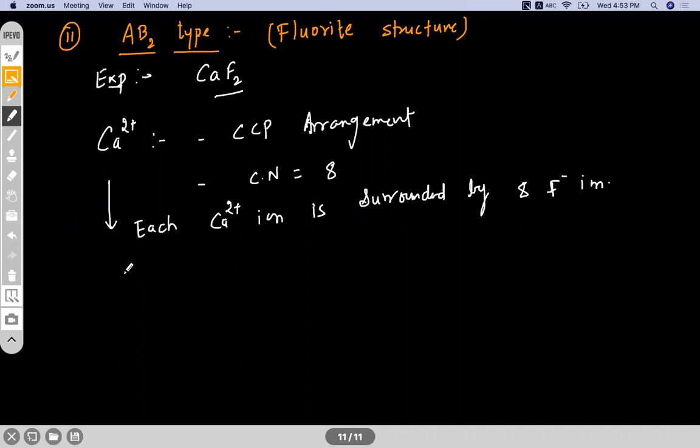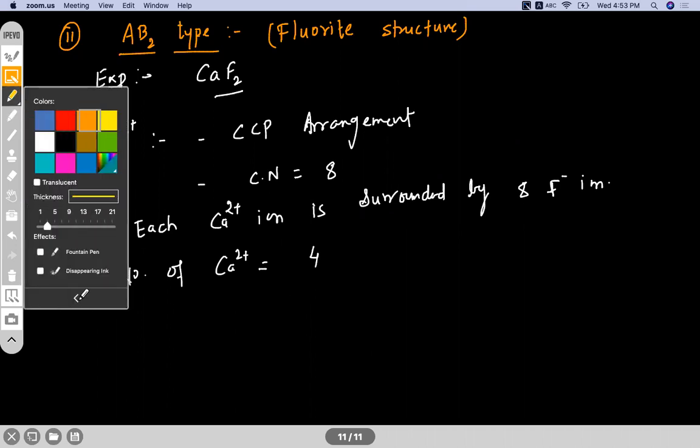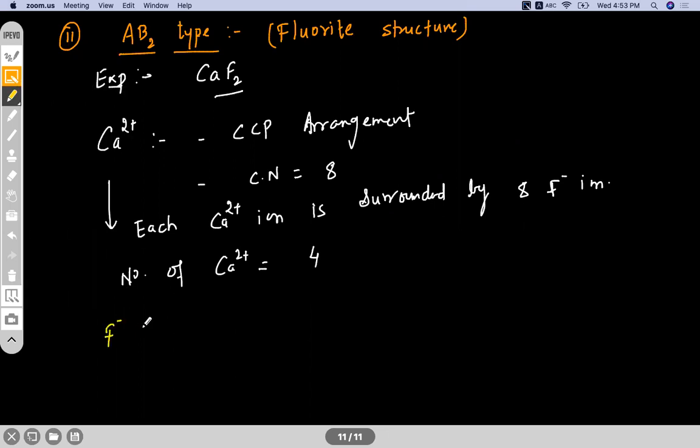Okay, number of Ca2+, if you count, because it is FCC arrangement, is again 4. For F-, you see, F- ion occupies all TVs present in the unit cell, and that's why the number of F- ions is equal to 8.